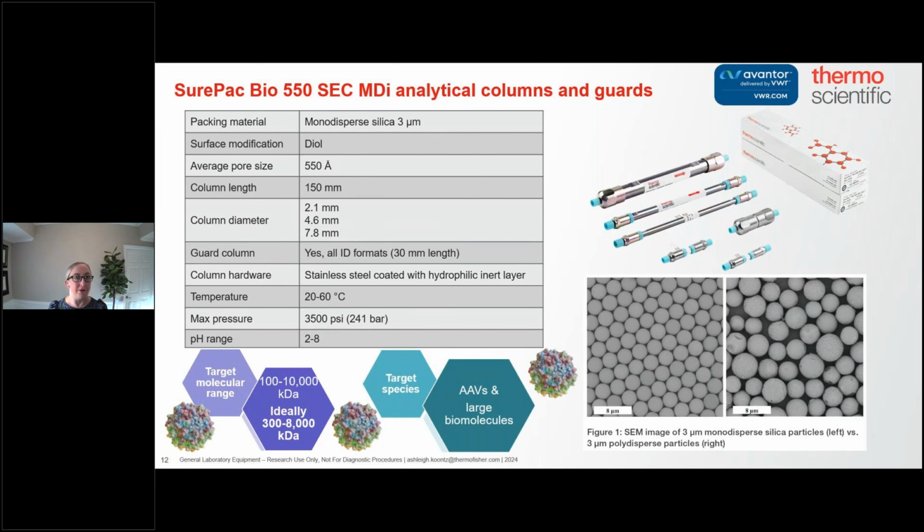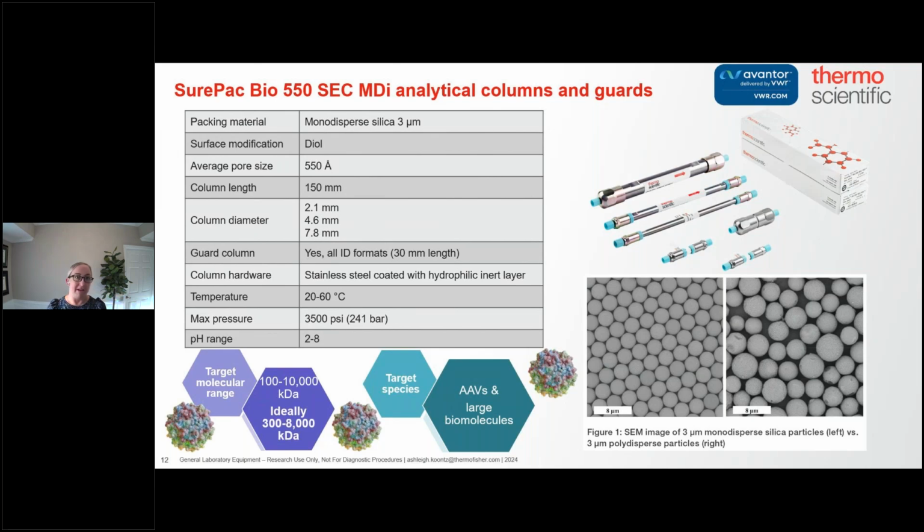So now with our new manufacturing process, we have precise control over that silica and the size of the particles themselves, eliminating any kind of fines in the process and other things that can be detrimental to the performance from a column to column and lot to lot manufacturing perspective.